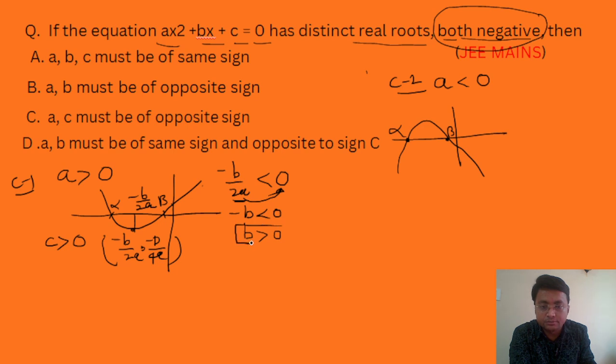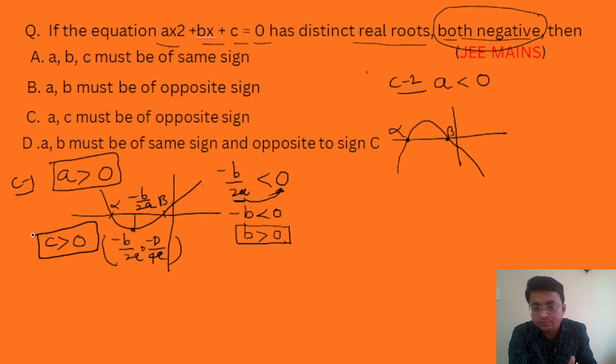As you know the rules of inequality, when you multiply or divide both sides by any negative number, the sign of inequality changes. So now b is positive. With this we have understood that a is positive, c is positive and b is also positive. So case 1 is clear: a, b, c all are positive.